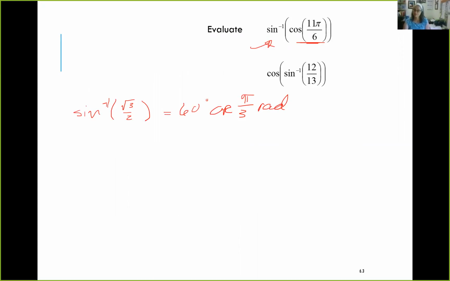There are different ways to do this. So 12/13 isn't an angle that we recognize, right? So let's take a look at how to find the cosine of the inverse sine of 12/13. Inverse sine means what angle has sine of 12/13? Well, let's draw a triangle here.